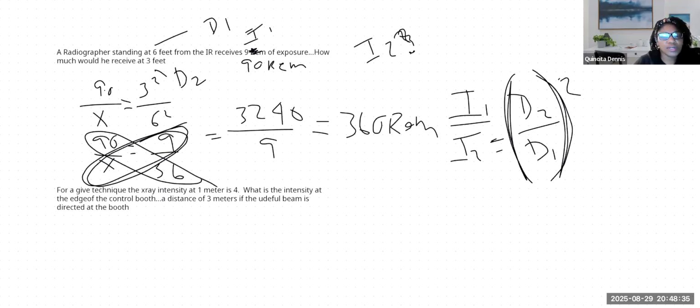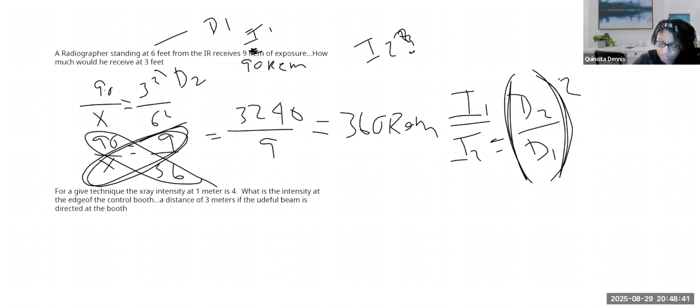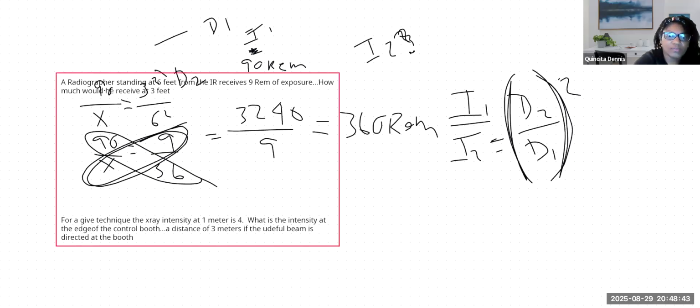All right, this one, you were at 1 meter, and this should have been 4 milligray air. And it wants to know what will be the dose if you move to 3 meters.